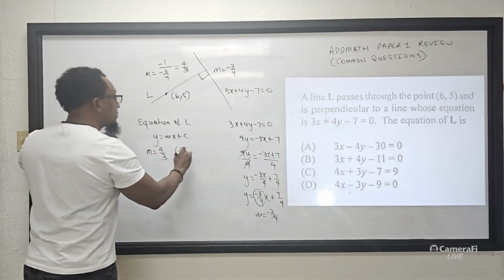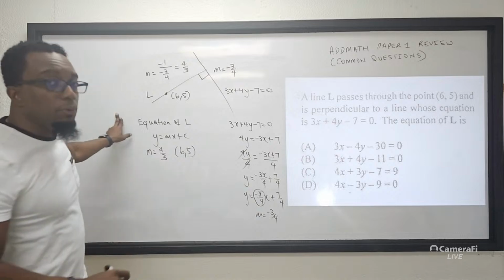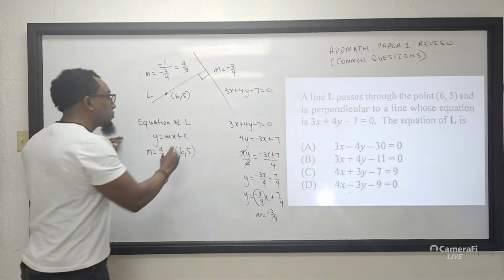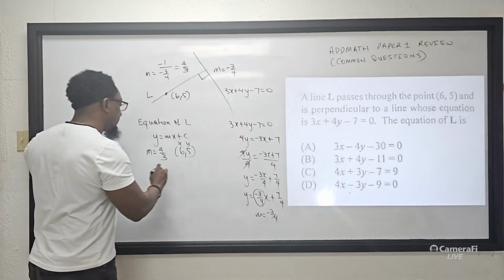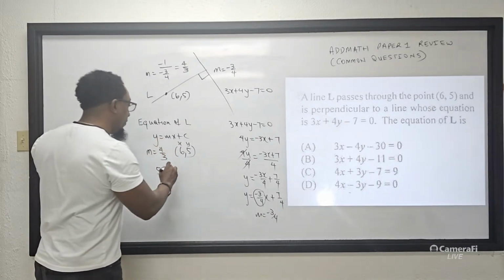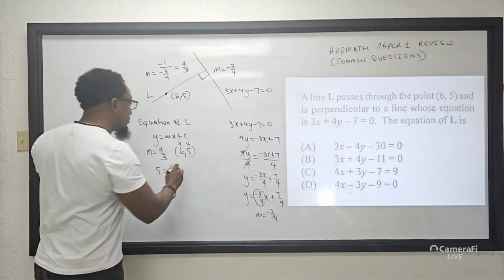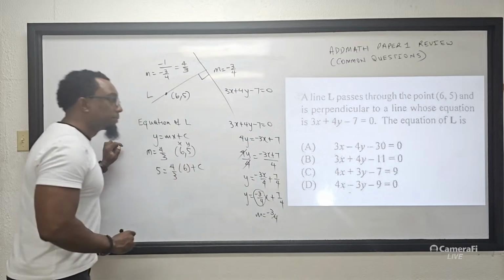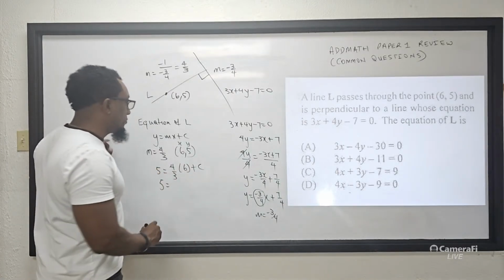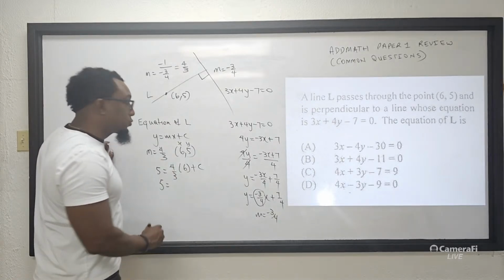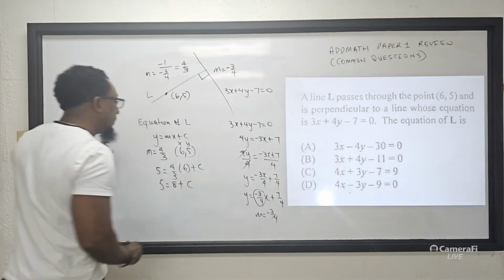The point it passes through has coordinates 6,5. So this is x, this is y. I'm going to replace y with 5, m with 4 over 3, x with 6 in brackets, plus c. So I get 5 is equal to 4 over 3 by 6. 3 into 3 is 1, 3 into 6 is 2, 2 by 4 is 8, plus c.